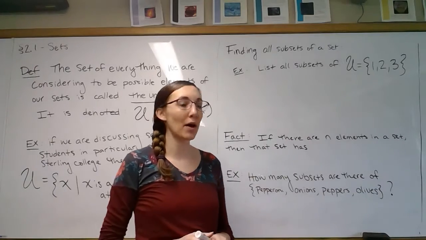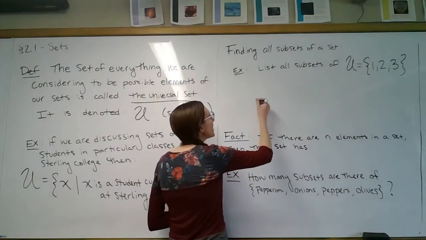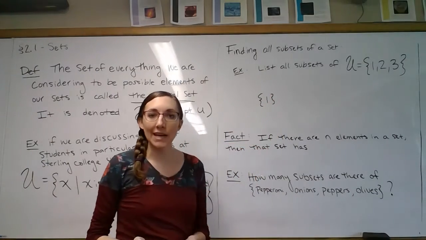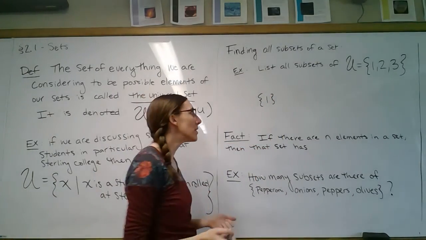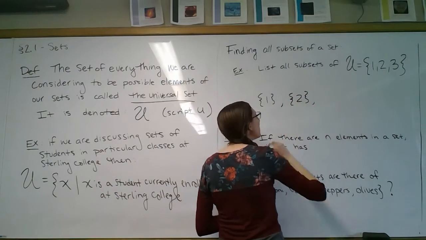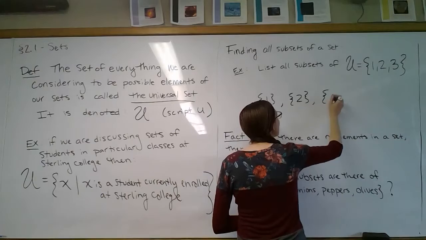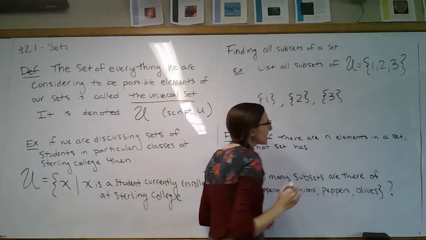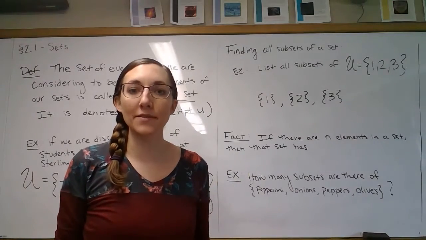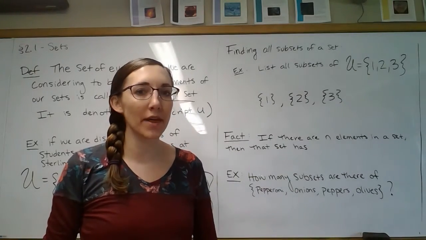I could take the set containing 1, or similarly the set containing 2, or similarly the set containing 3. Those are 3 examples of subsets, but they're not all of them.